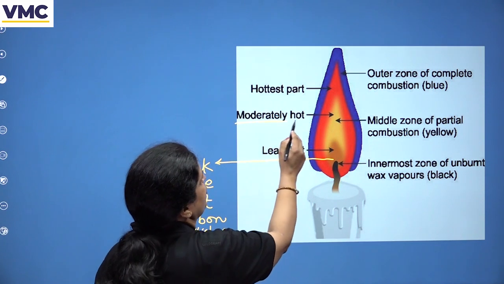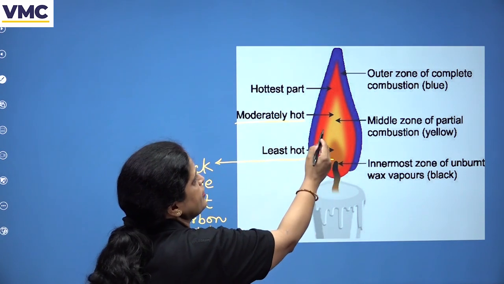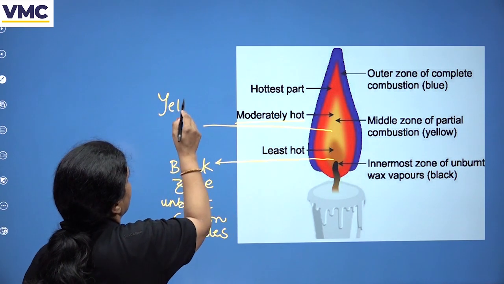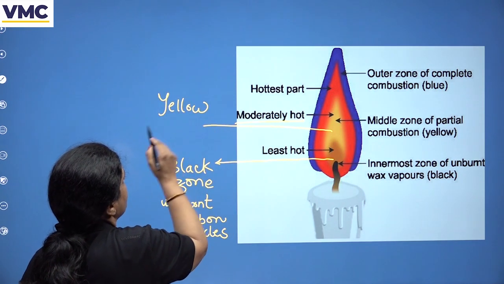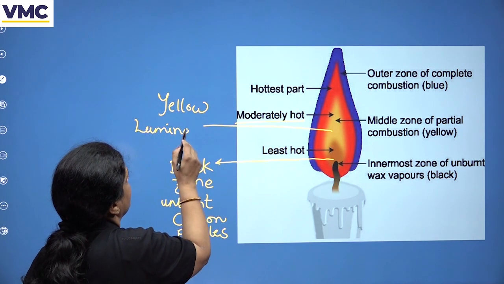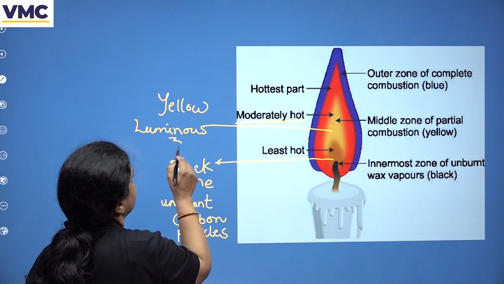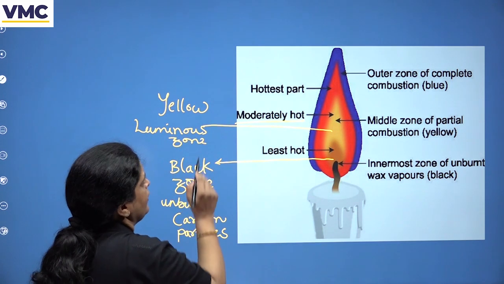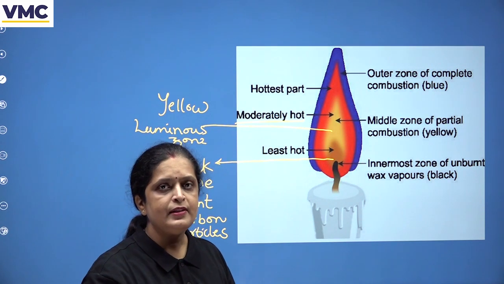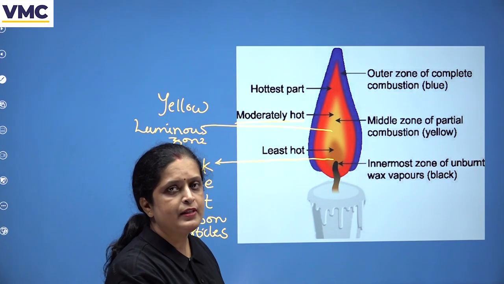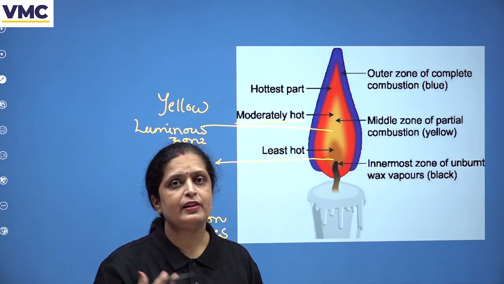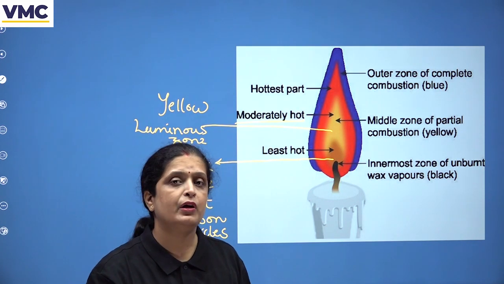This is the yellow zone, also known as the luminous zone. This is responsible for visibility, but it is yellow in color. That does not signify that the carbon particles are completely burnt here.